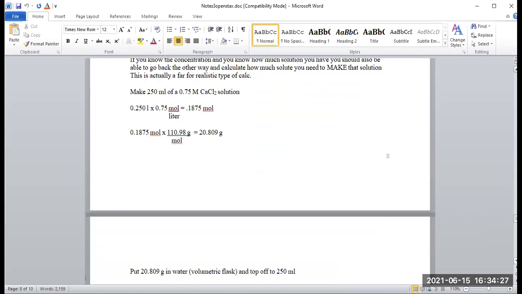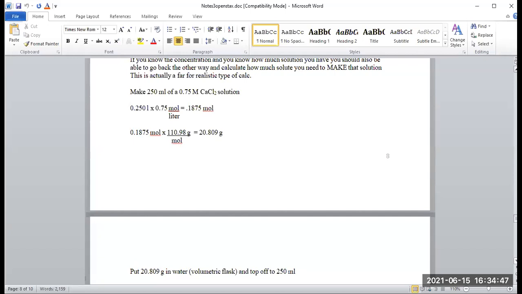So in this case, again, we're going to move our decimal place so that we have liters. So 0.250 liters. Multiply it by your molarity. And because liters are on the top and on the bottom, they will cancel out, and I will end up with moles.